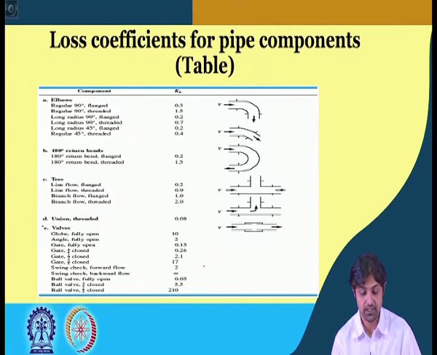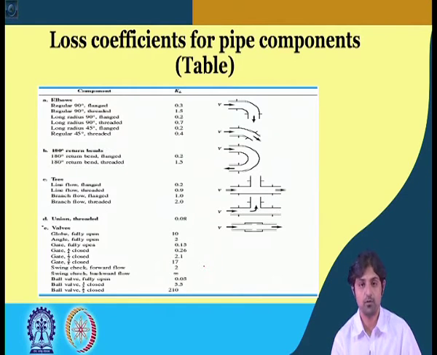So this is a table again for pipe components. So for the examination and assignment purpose you can keep the tables with yourself, but in exams these values will mostly be provided. Only those values which are very common, like the K entrance, K exit, sudden contraction, sudden expansion and things like that, that won't be provided.